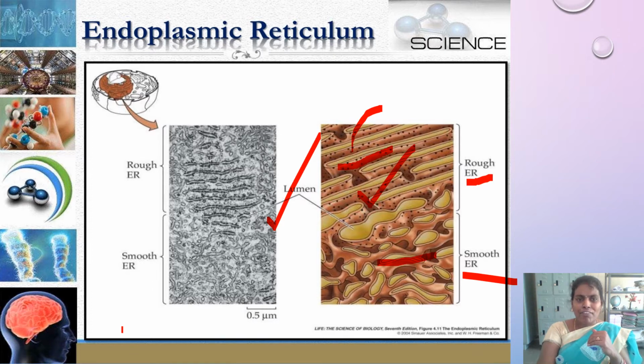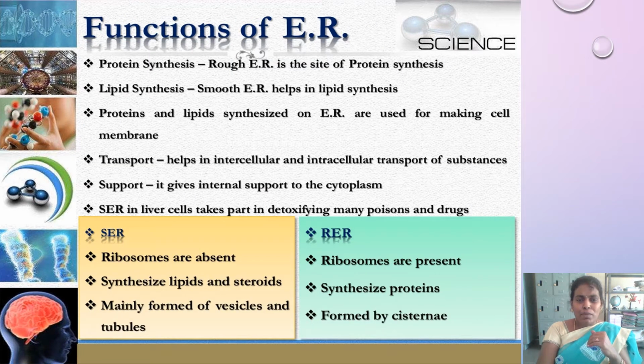Now let us see the functions of the endoplasmic reticulum. The endoplasmic reticulum is involved in protein synthesis. The rough endoplasmic reticulum is the site of protein synthesis because it contains ribosomes on its surface, and ribosomes have the capacity to produce proteins.